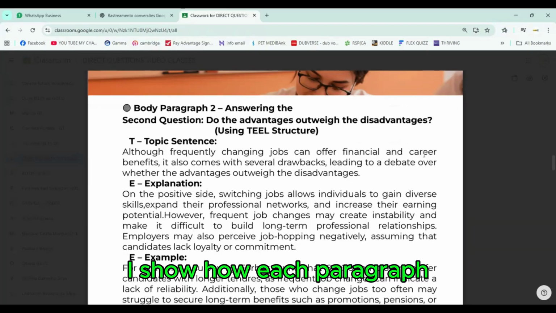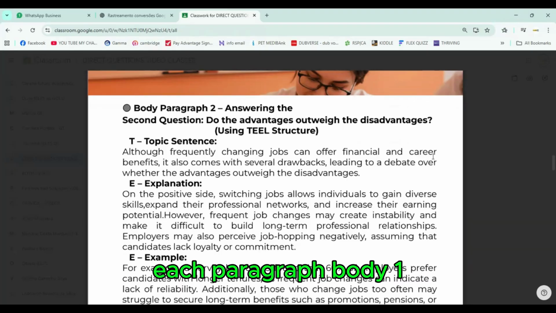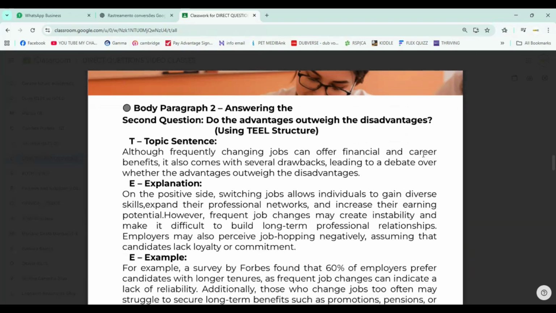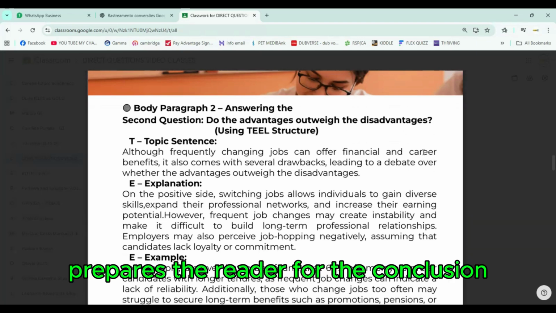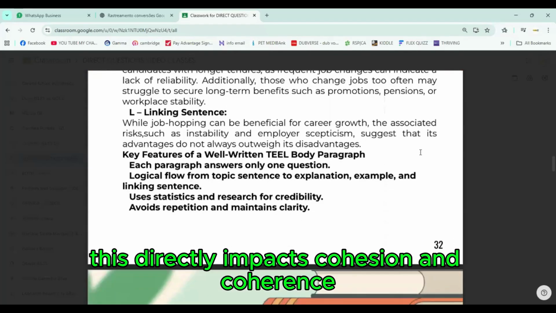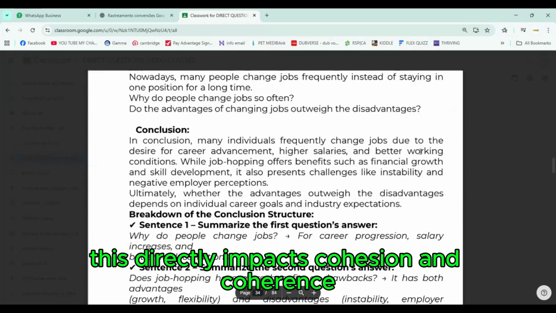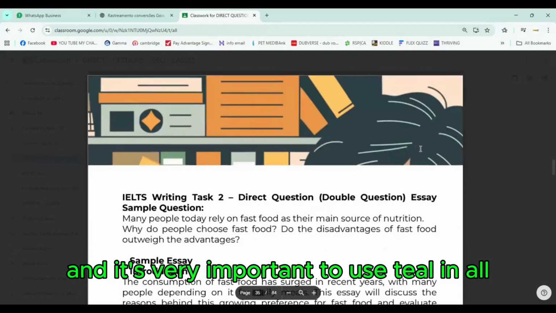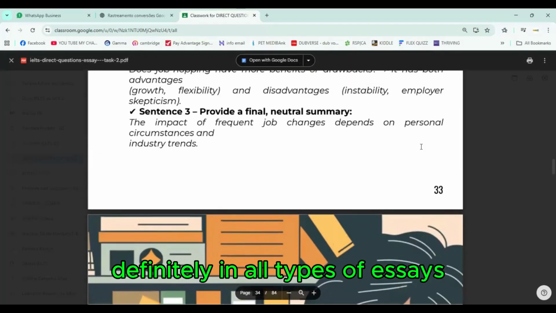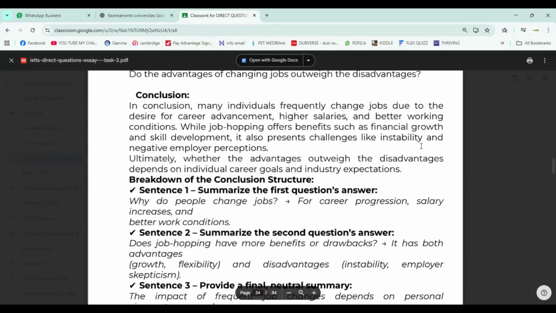I show how each paragraph, TILL is only for paragraphs, each paragraph, body 1, body 2, addresses just one question. The linking sentence prepares the reader for the conclusion. This directly impacts cohesion and coherence, and it's very important to use TILL definitely in all types of essays.